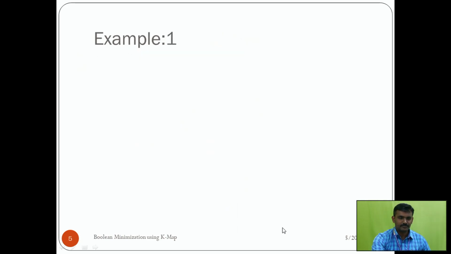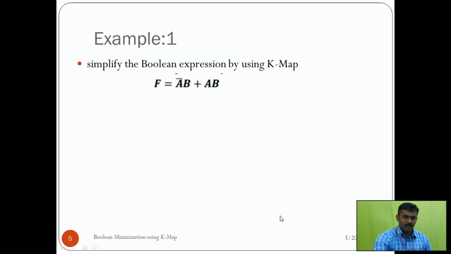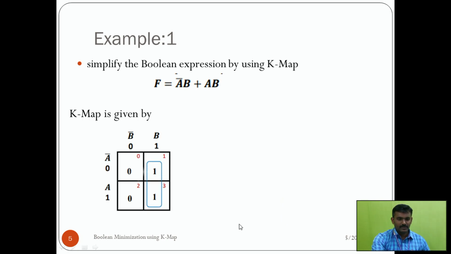For example, see here F equals A bar B plus AB. Which cell is A bar B? First row, second column. Similarly AB is second row, second column.